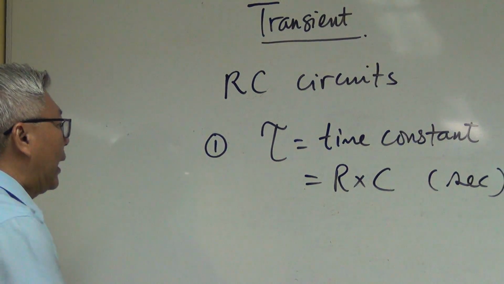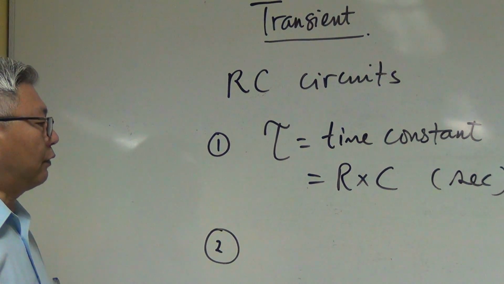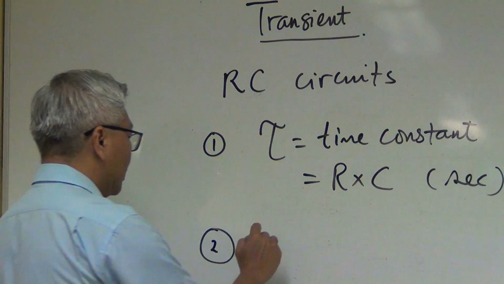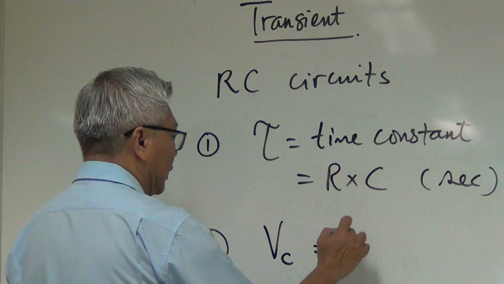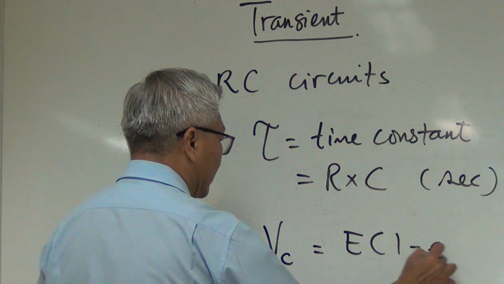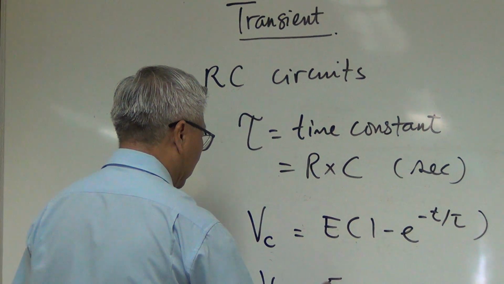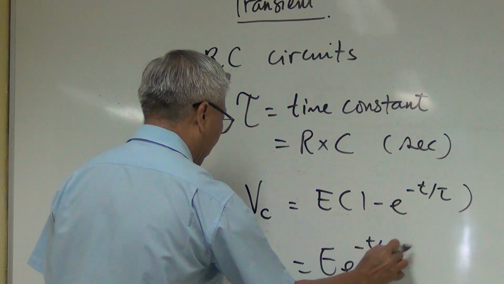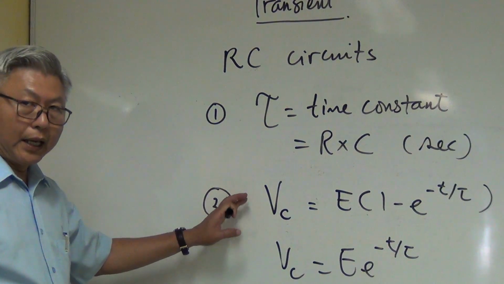Secondly, we need to know that there are two kinds of formula. VC can be E bracket 1 minus E to the minus t over time constant, or VC is equal to E to the minus t over time constant. Now I want you to recognize this without explaining to you what they are.